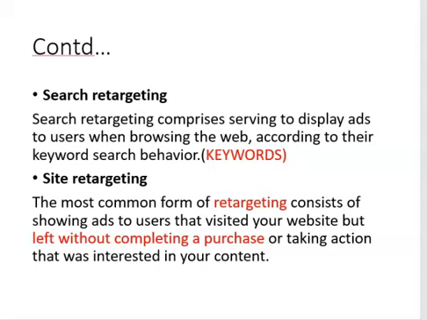The next thing is search retargeting, which mainly comprises serving display ads to the user when browsing the web based on their keyword search behavior. And keywords are an important aspect of contextual advertising, wherein keyword contextual targeting tries to place your ads on web pages based on the target keywords.